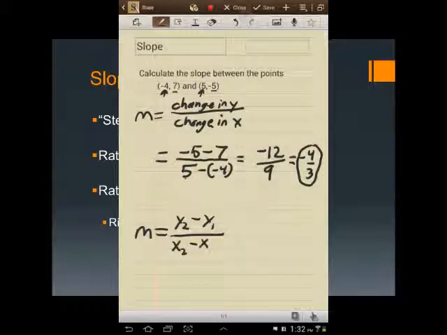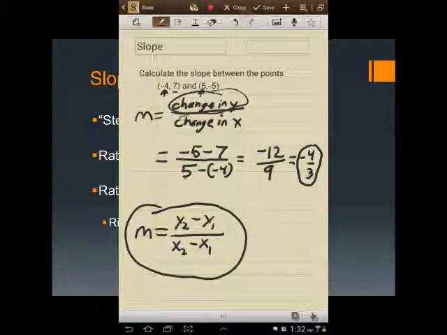You've probably seen that formula and probably forgotten about it since it's been a while. Sometimes you might get confused, but just remember that what this is doing is figuring out these ideas. How much did y change by? That goes on top. How much did x change by? That goes on the bottom.